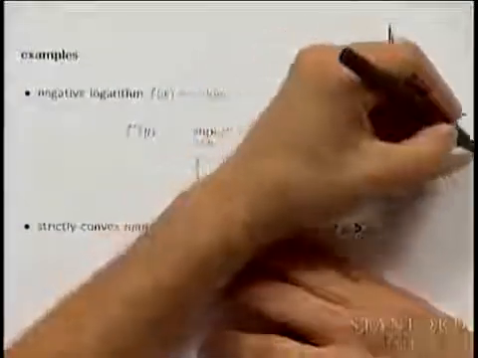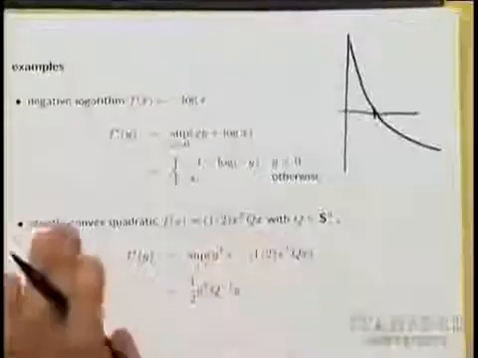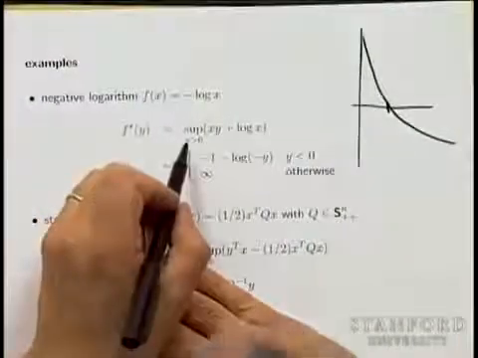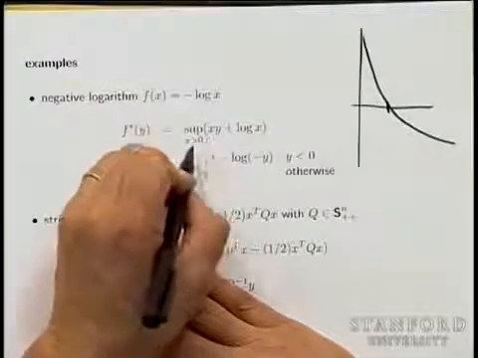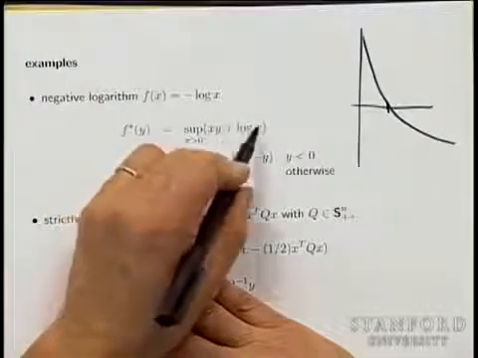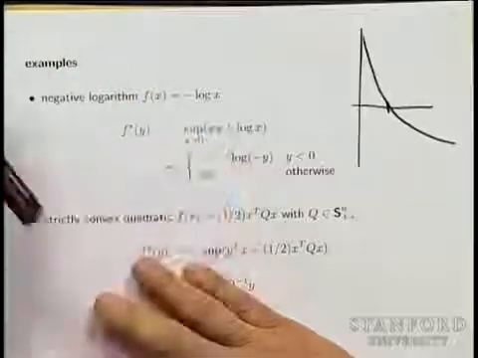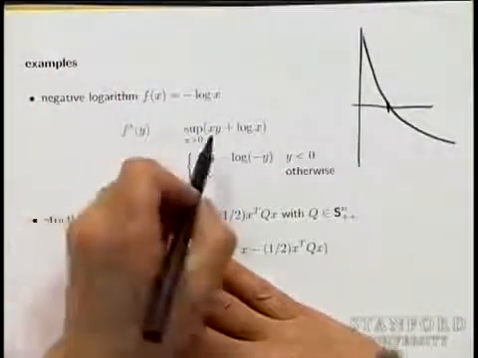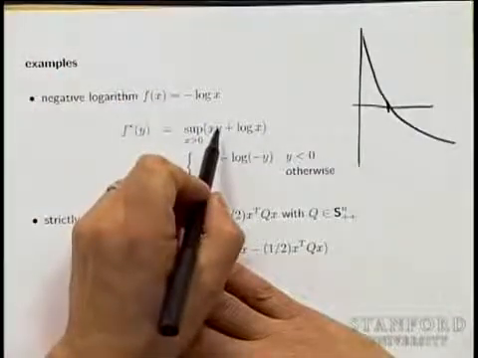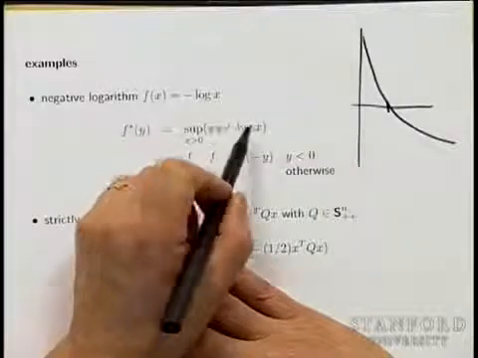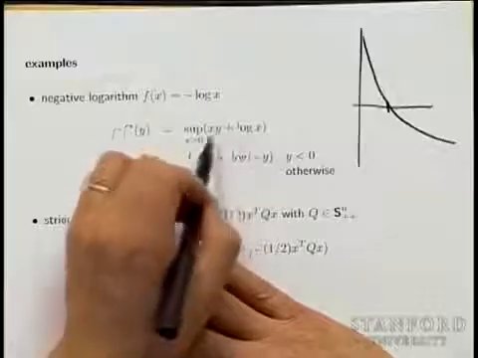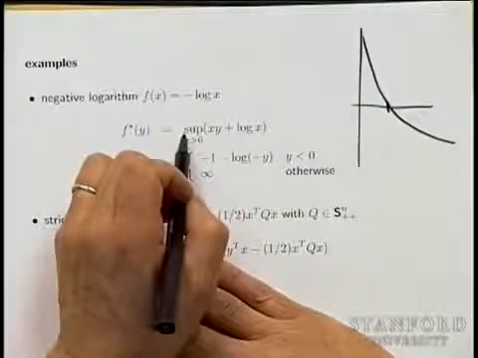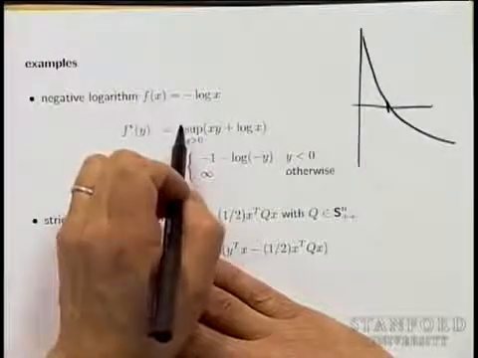I want to work out the sup, or maximum, over x of xy plus log x. Now, log x, of course, is unbounded above. So obviously, if y is 0 or positive, this thing is unbounded above, so this supremum is plus infinity. Okay? That much is clear.